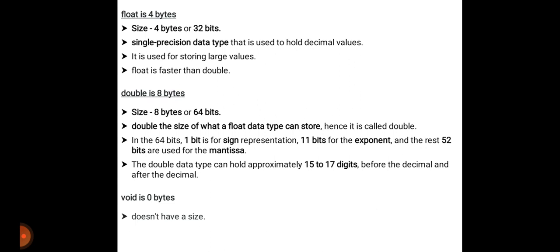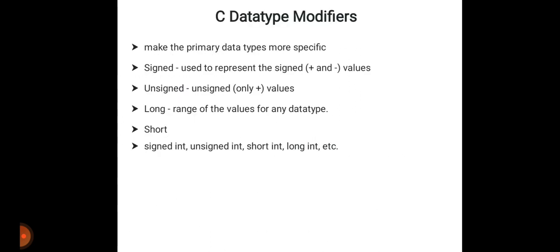Before moving on to the range of the values of these data types, there is one more important concept we have to learn, which is data type modifiers. In C language, there are 4 data type modifiers that are used along with the basic data types to categorize them further.